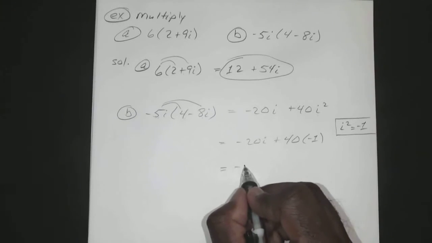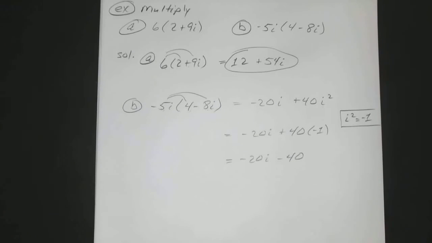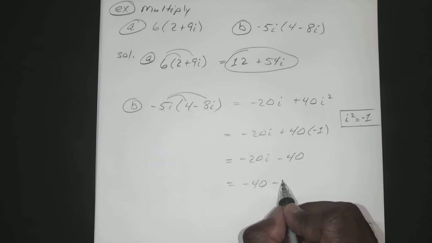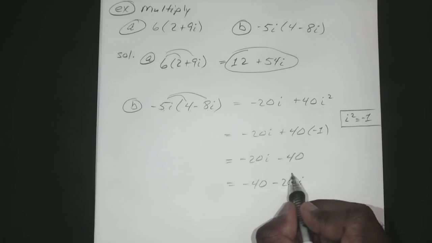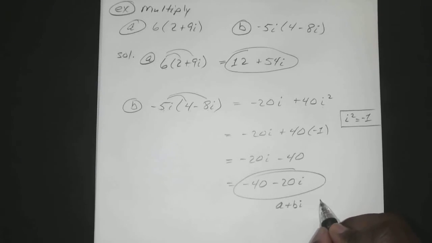Okay, so that's going to equal negative 20i minus 40, but most of them will want it in that a plus bi form, so you just switch them around. So that's negative 40 minus 20i. That's that a plus bi form.